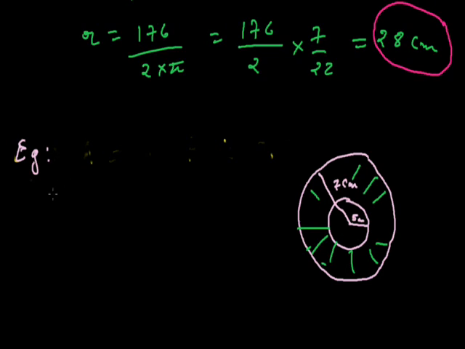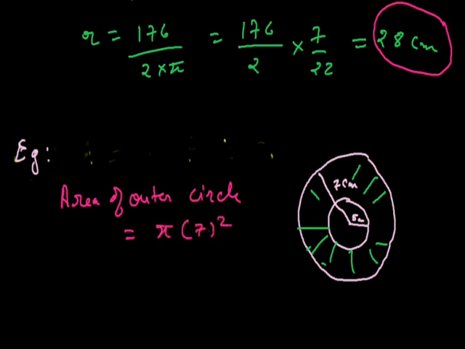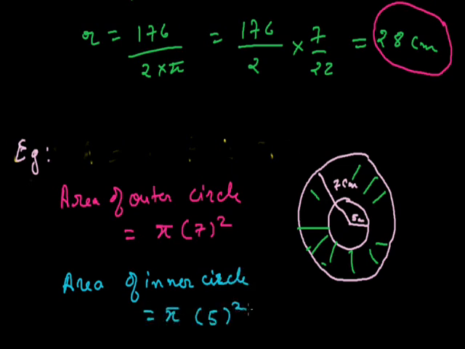Let us calculate the area of the outer circle. That will be equal to pi r square, that is pi into 7 square. Then the area of the inner circle will be equal to pi into 5 square.